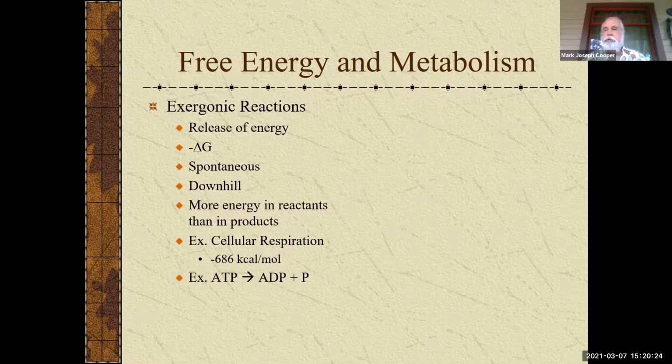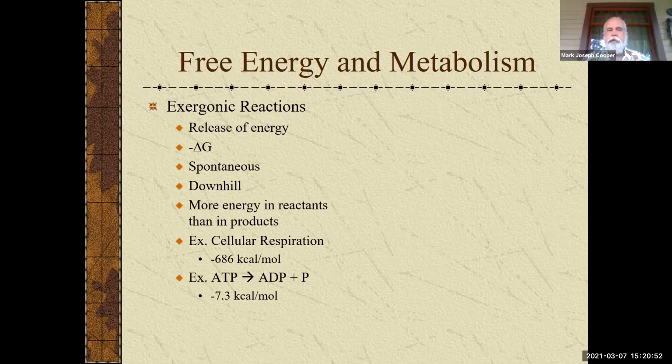ATP we're going to talk about a little bit later in another clip. Adenosine triphosphate is broken down into adenosine diphosphate plus a phosphate, and that would be a negative 7.3 kilocalories per mole. So cellular respiration, again, would be breaking down glucose and producing ATP, basically, and then ATP breaking down into the two components. So that is what I want you to know for exergonic.